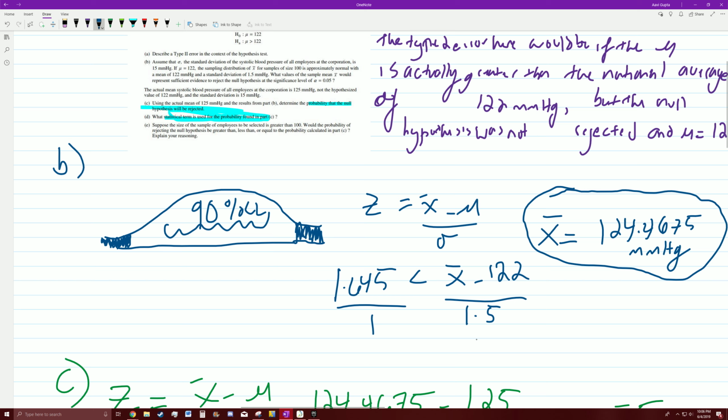It becomes 0.75. So now 1.645 is less than x bar minus 122 over 0.75. Well, 1.645 times 0.75, plus 122, is 123.23375. So now your x bar with a lower standard deviation is less than with a larger standard deviation.